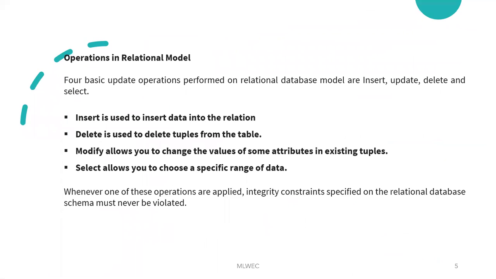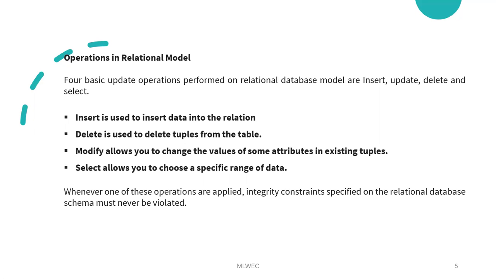What operations can we perform in the relational model? We can perform insert, update, delete, and select operations. Insert operation inserts data into the relation. Update changes data in the relation.